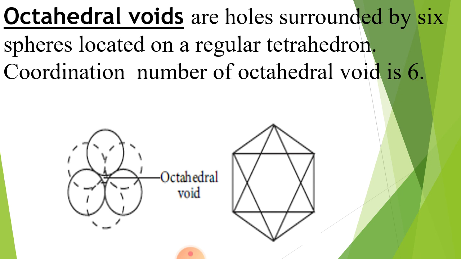Now, octahedral voids. These are the holes surrounded by 6 spheres. In case of structure, 6 means octa, located on a regular octahedron. Look at the diagram.